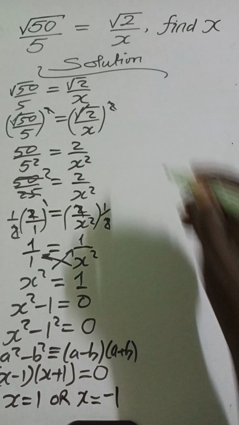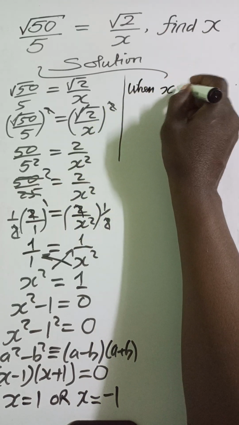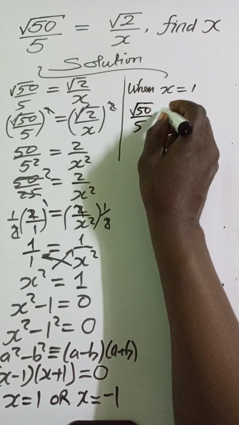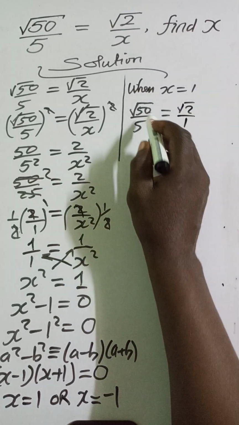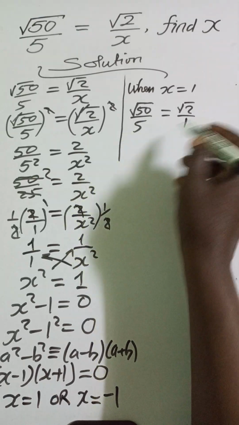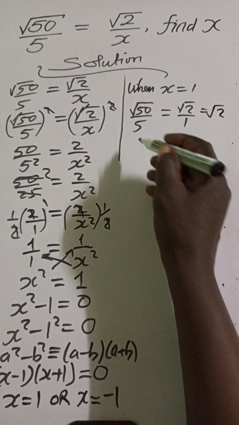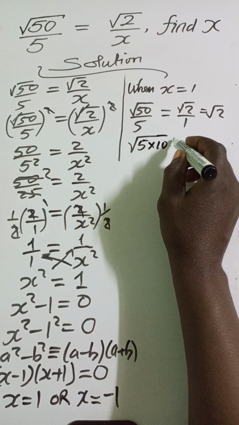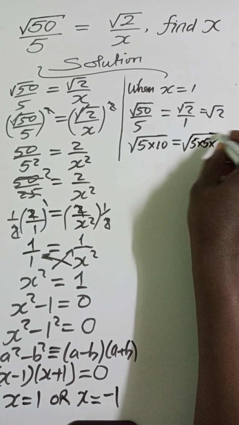Now let's check when x is 1. When x is 1, we're going to obtain root 50 all over 5 is equal to root 2 all over 1. It simply means that root 50 all over 5 should be equal to root 2. So let's check what root 50 all over 5 is. Do we have root 2? Root 50 can be written as root 5 times 10, which is the same as root 5 times 5 times 2.